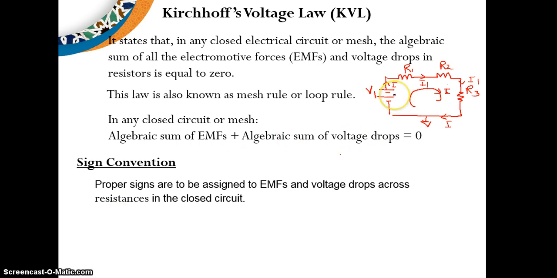So as per Kirchhoff's law, the voltage drop across the resistors and the EMF, adding all these things should be equal to 0. Now when you are applying it, here also I wrote I1, so let it be I1.